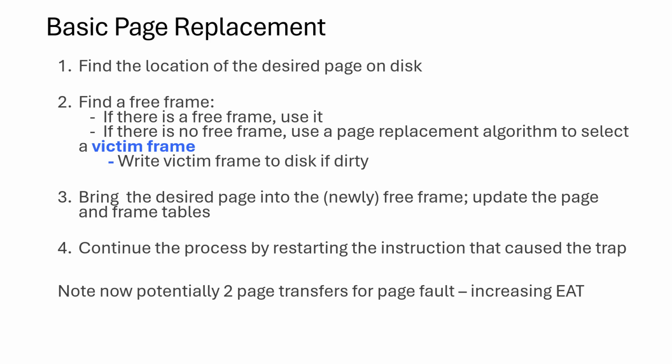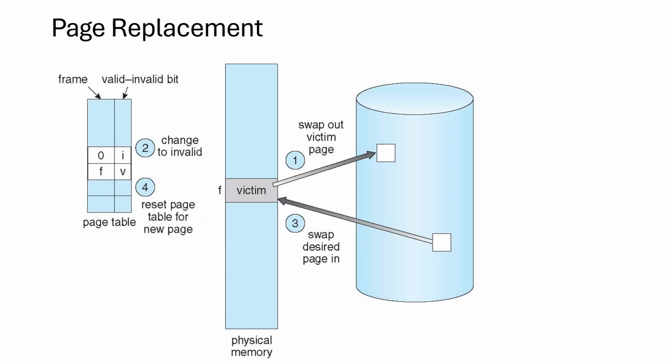So bring the desired page into the new frame, update the page and frame tables, and continue the process by restarting the instruction. So in page replacement, the first step is to find the victim. Then change its value to invalid, swap the desired page from the disk into that victim frame, and make it a valid bit.